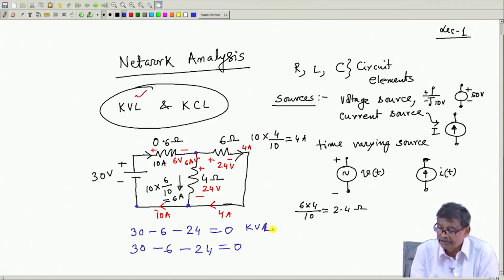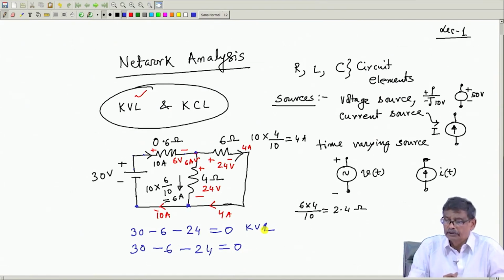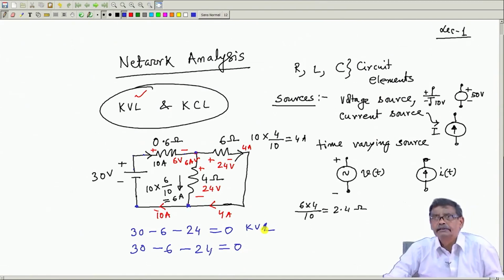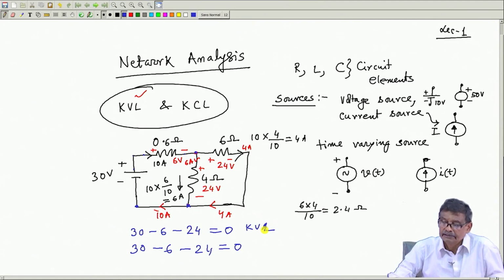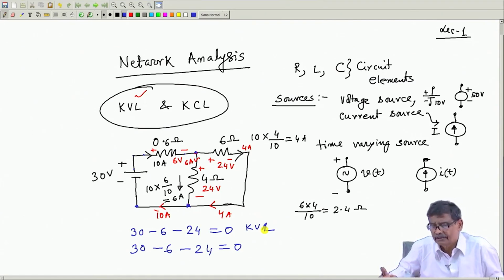So, this is KVL. Therefore, this is in a nutshell what KVL and KCL is all about. However complex the circuit is, it will consist of several closed paths, and the voltage drop across all the elements including the sources, if you add up, will add up to 0.